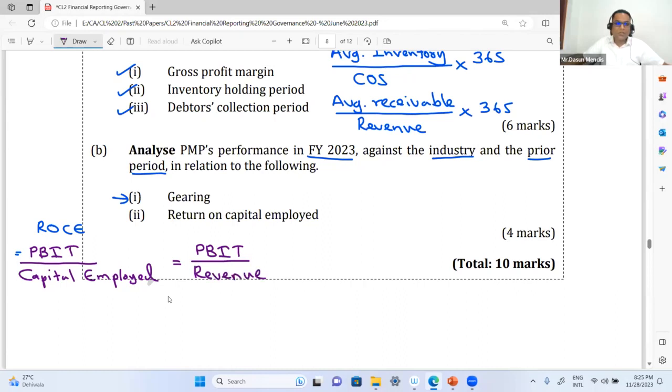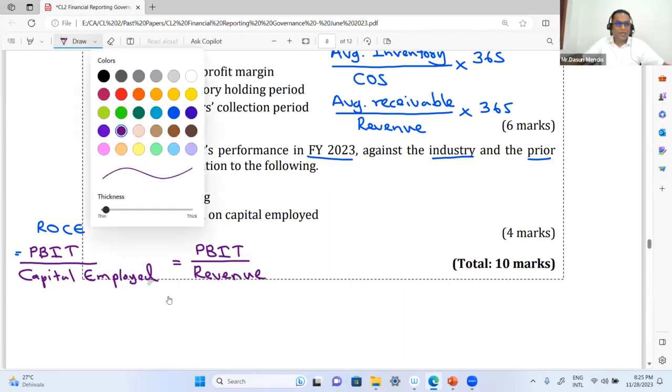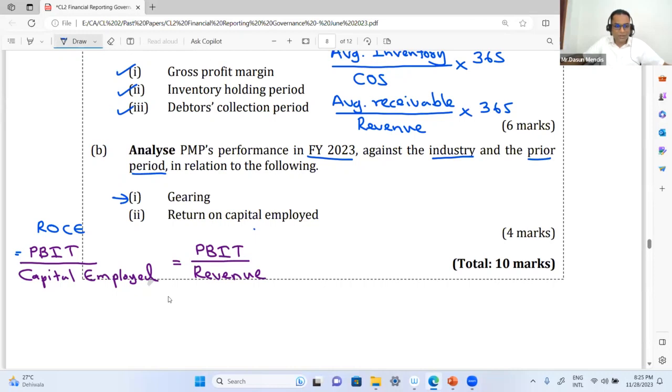What do we call this ratio, PBIT divided by revenue? It's your profit margin, I would say operating profit margin, PBIT divided by revenue.